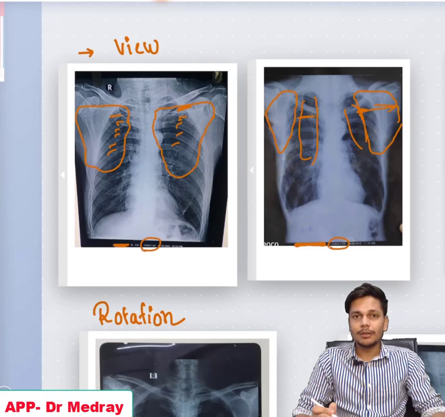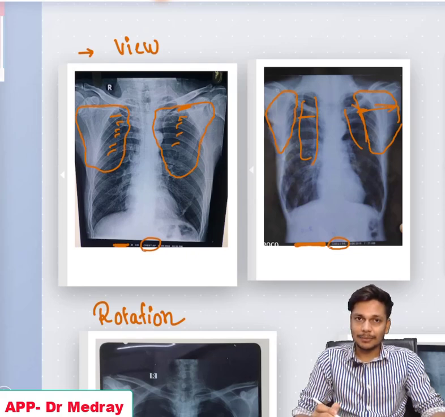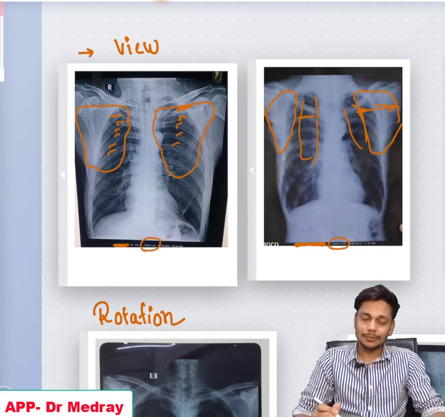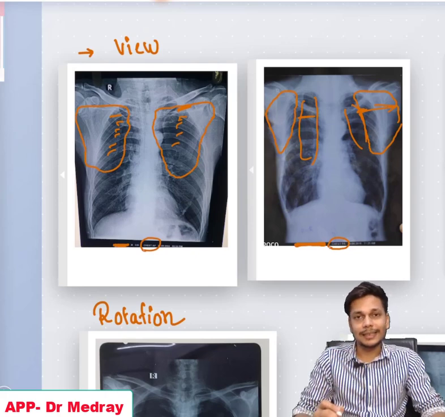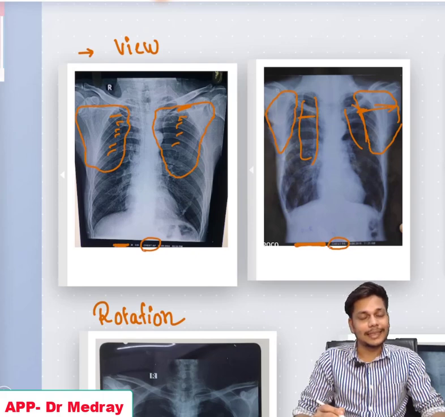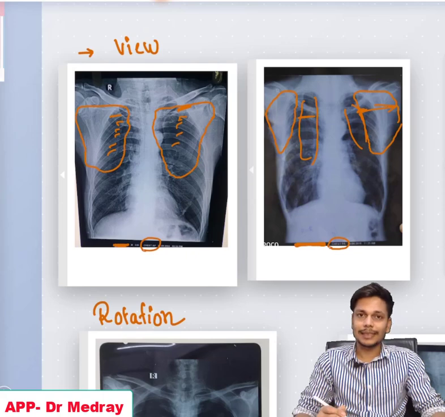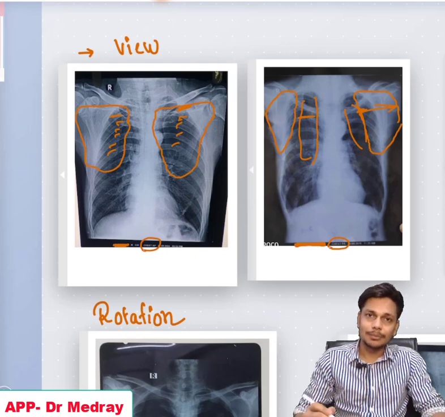In the PA view we try to look at the lung parenchyma, so the scapula should not interfere with the structures and pathologies of the lung parenchyma. In the PA view the rays are projected from the posterior side to the anterior side, and in the AP view the rays are projected from the anterior aspect of the patient.